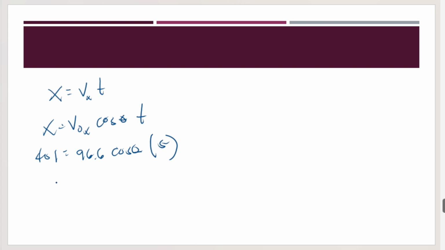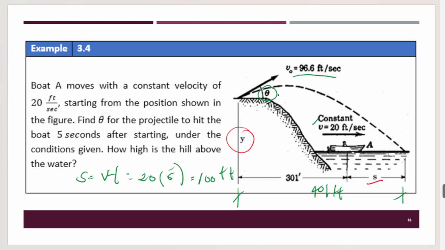Yun kasi required. So, from that, we could have the value of theta as 33.878 degrees. Okay?